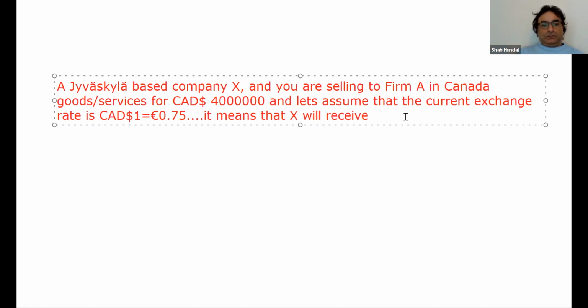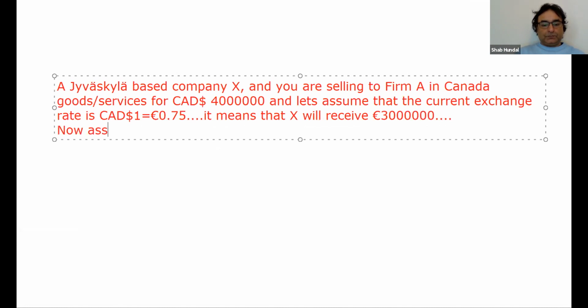It will be 3 million, because all you need to do is multiply 4 million with 75 cents. So 4 million Canadian dollars would be equal to 3 million euros.